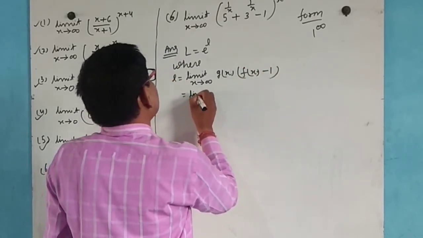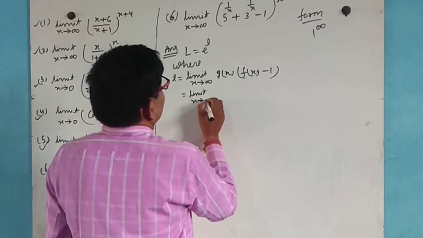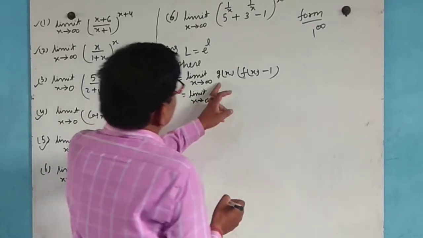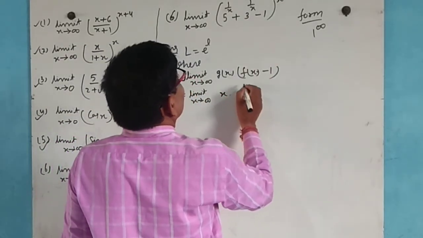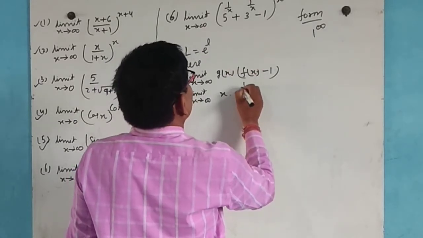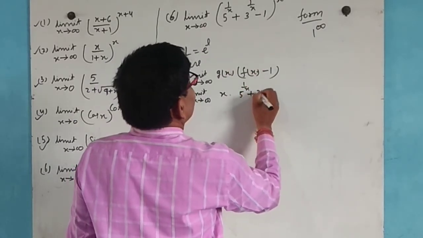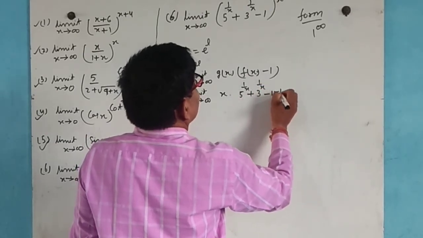Now limit x tends to infinity, g(x) equal to x, f(x) is 5 to the power 1 by x plus 3 to the power 1 by x minus 1, and minus 1.